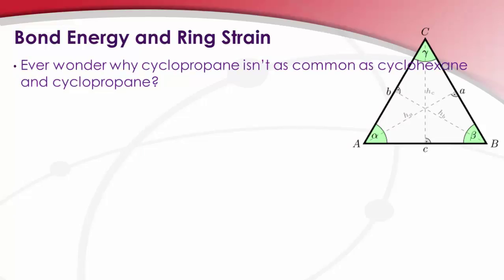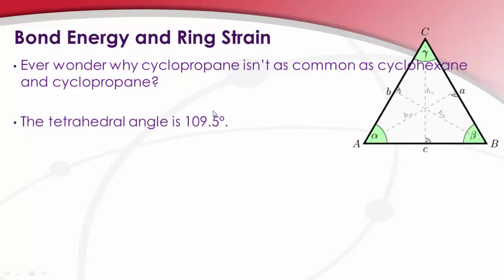So, when we talked about ring structures in organic chemistry, we mentioned that there were lots of different ring structures right from cyclopropane up past cyclooctane. But the most common ones were cyclohexane and cyclopentane. So the question is, well, why? And the answer comes into this idea of ring strain.